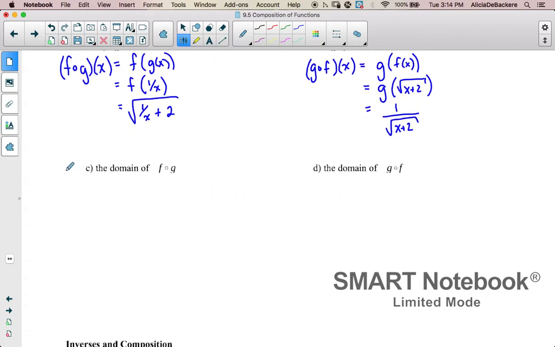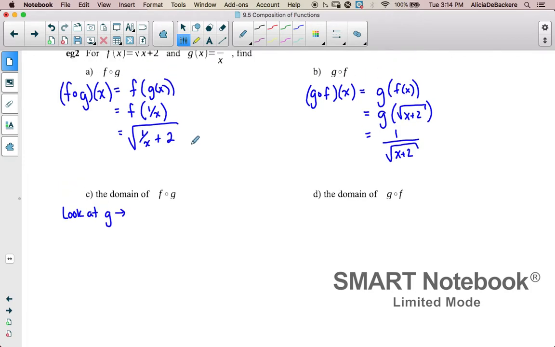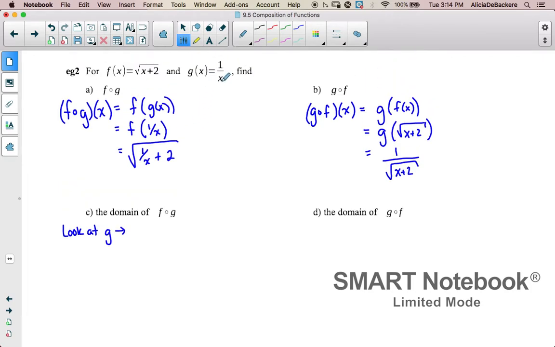Now we're going to talk about, well, what is the domain? So again, the first thing I look at is the first function, which remember actually always comes second in the equation. So the interior function here is g. So I'm going to look at g first. Now for g, when I'm looking at 1 over x, I'm going to ask myself, what's the domain of this?